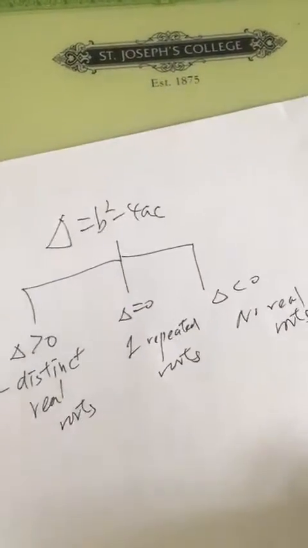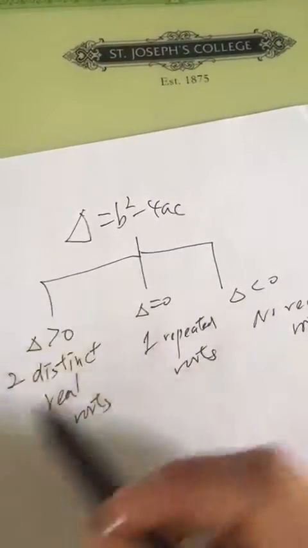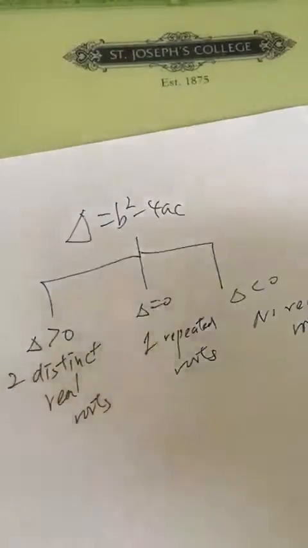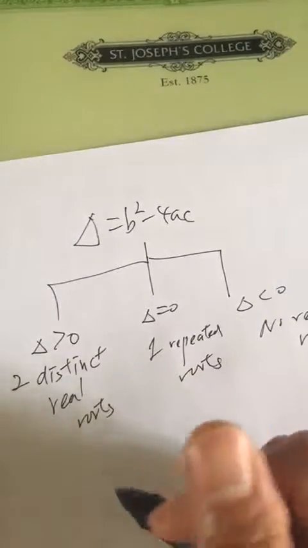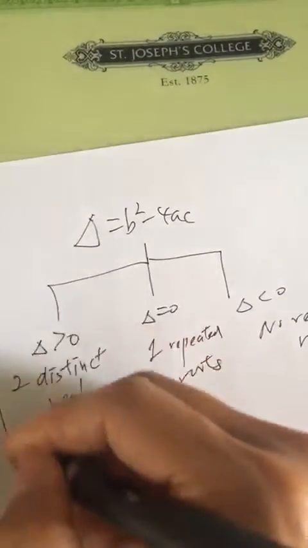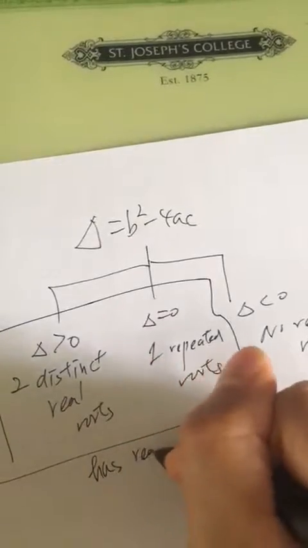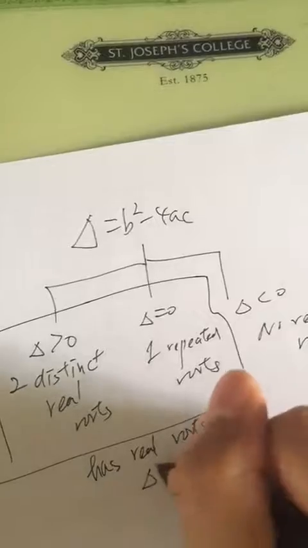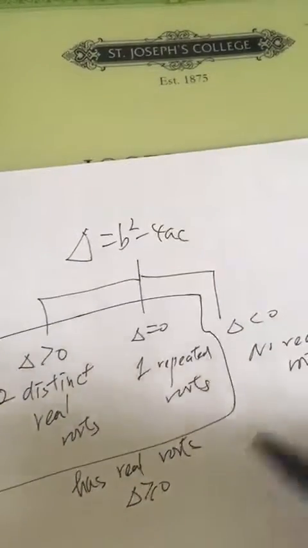It is one of these three cases. If you don't really know the nature, if the question asks that it has real roots, that means you don't know whether it is one repeated root or two distinct roots, so you say it like this. Get it?